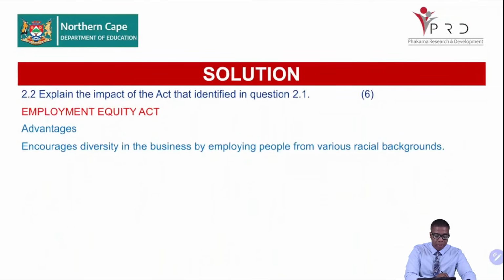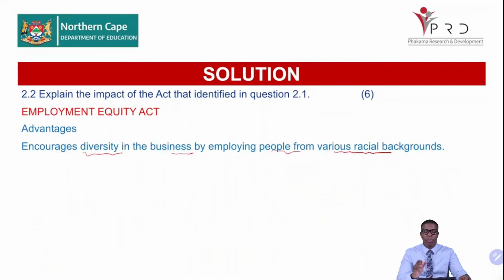Hence we say, because in some businesses there would be one race or one language spoken, there was no difference in the form of the workforce. So employment equity encourages diversity in the business by employing people from various racial grounds or backgrounds.